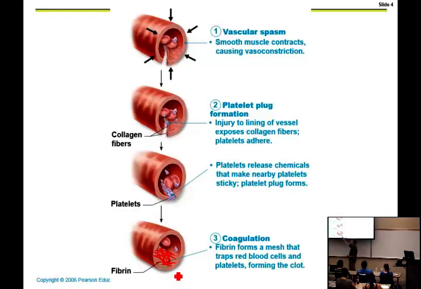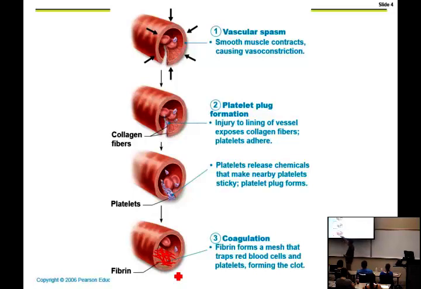Now that clot is going to be solid enough to maintain the wall, but it's also going to give us a chance to rebuild the wall of the blood vessel so that ultimately we can get rid of that clot, open up the blood vessel in its entirety again, and have it back to its normal state where it has a wall that's all healed up.